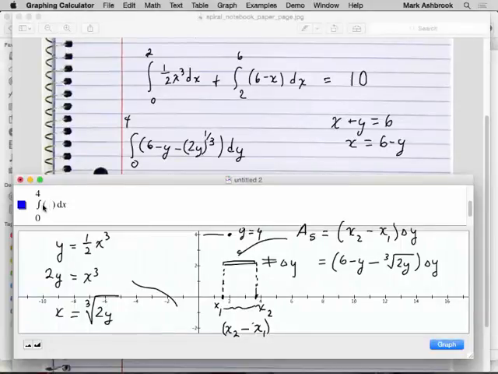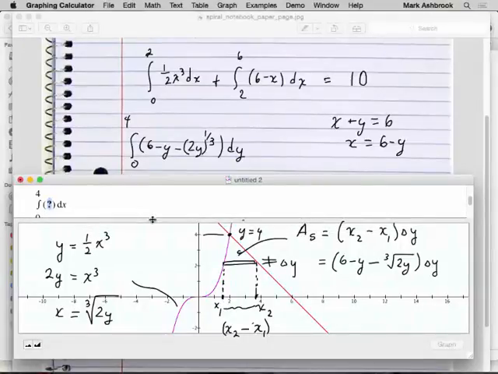Because our typical strips are horizontal now, right? So we're stacking those typical strips from the bottom horizontally up to the top. Our first strip is y equals 0. Oh, I didn't realize that the intersection was at 4. Yeah, because we know the intersection was at x equals 2, and that would mean y would be 4. Okay, gotcha. Thank you.